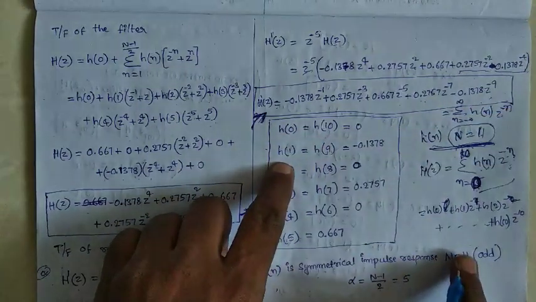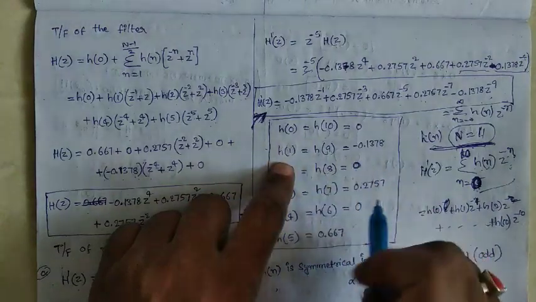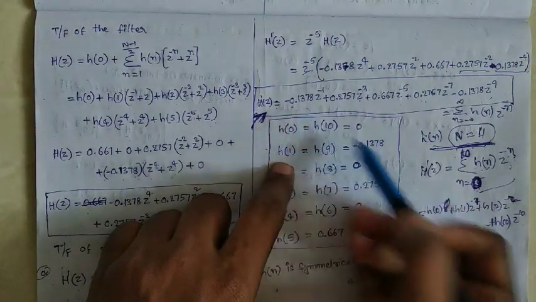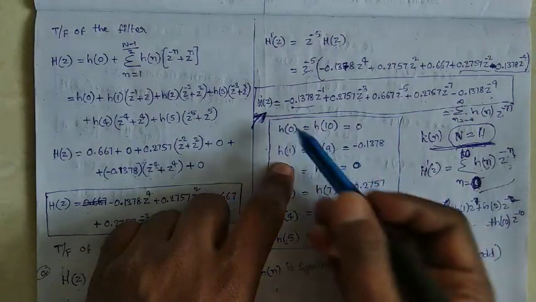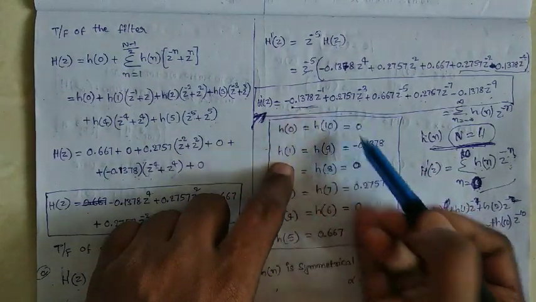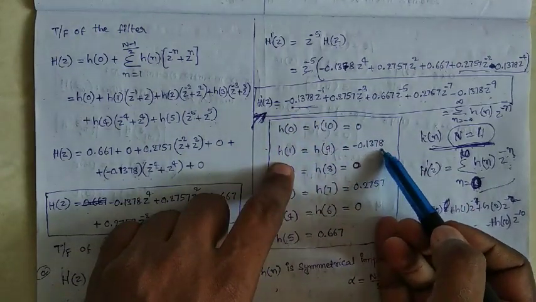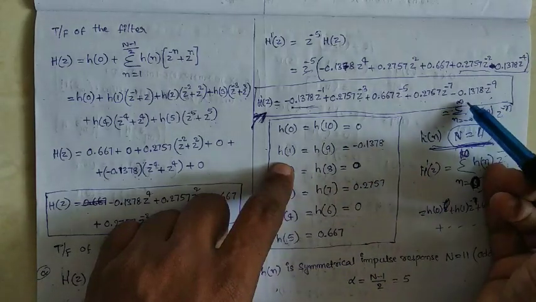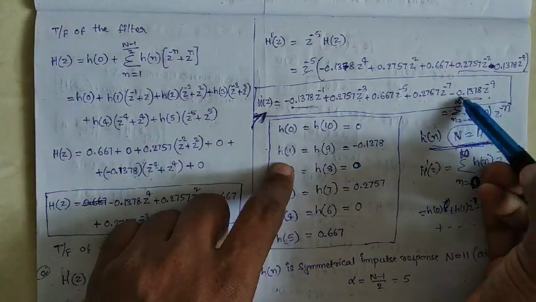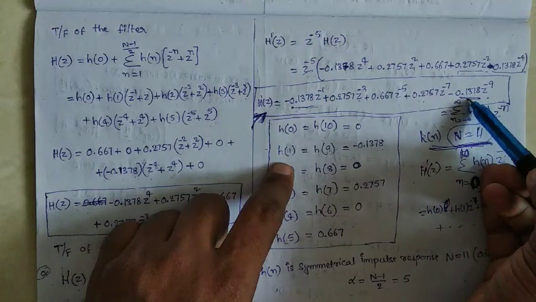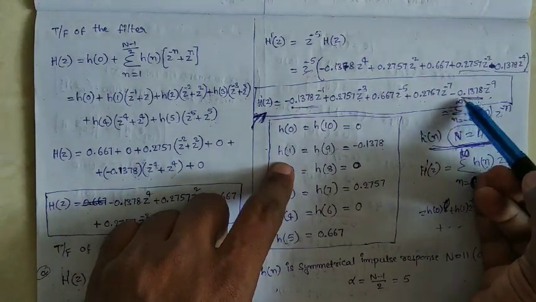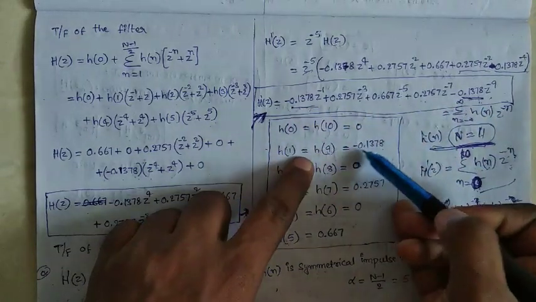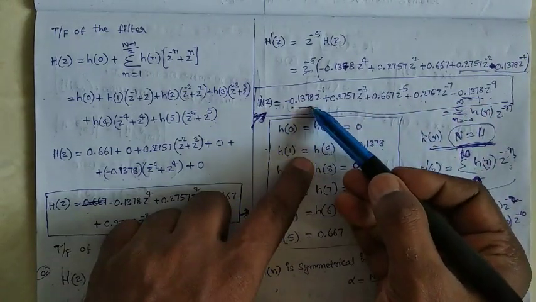Here h of 1 and h of 9 we are observing. H of 1 value is the z power minus 1 coefficient, that is minus 0.1378. Similarly z power minus 9 coefficient is also same, means h of 9. Here h of 1 is equal to h of 9 is equal to minus 0.1378.